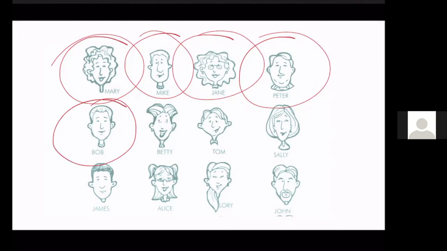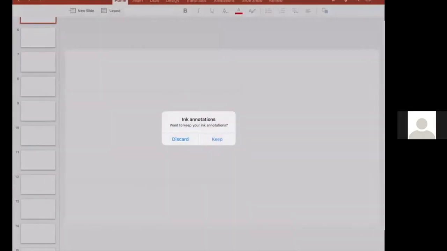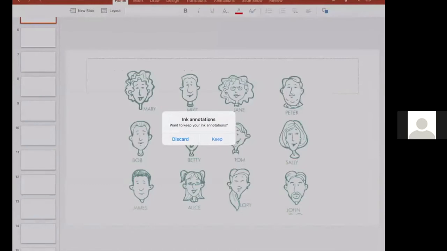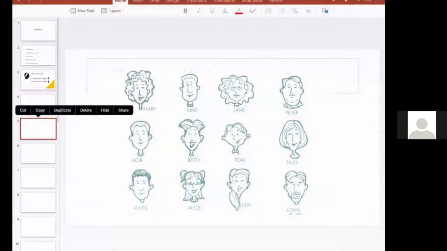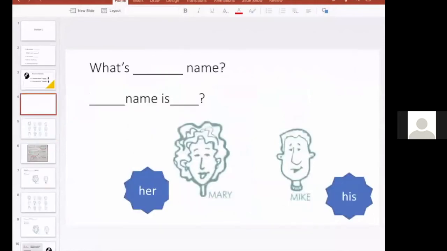Okay? I have a question. Are we allowed to use contractions like I did right now, like what's or what is? We tend to, in the book we use contractions. We tend to use contractions a lot because it's most common, right?